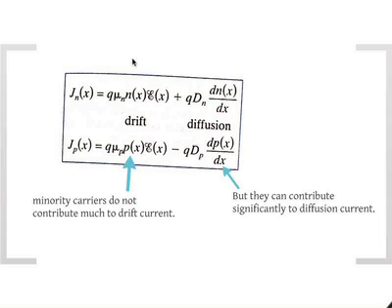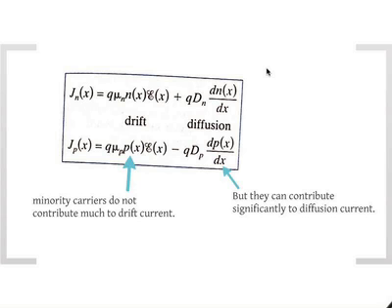The drift current of the minority carriers will be small compared to the majority carriers, but the diffusion current of the minority carriers can be quite significant, right? Because it depends on dn over dx, which can be even greater than, in principle, that, because that just matters how fast it changes.